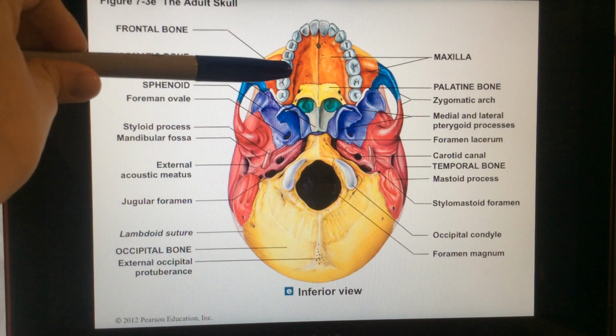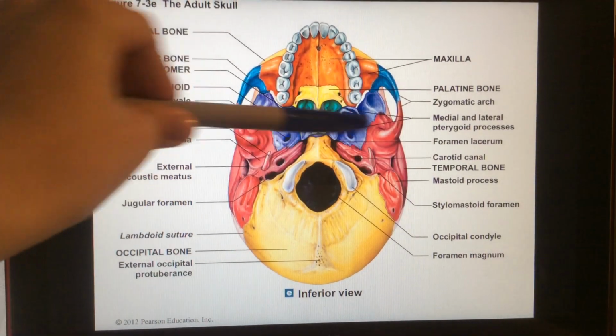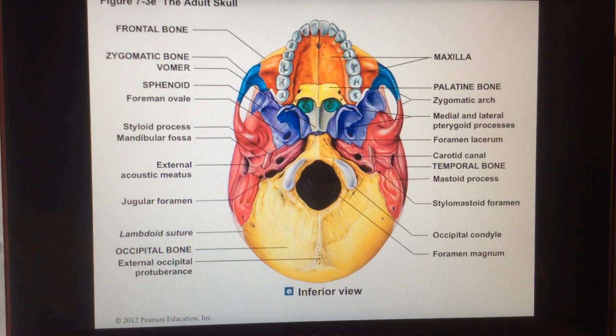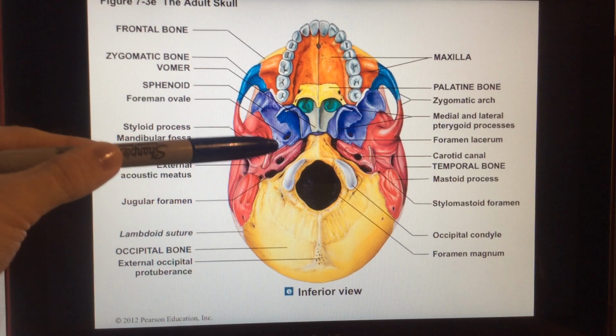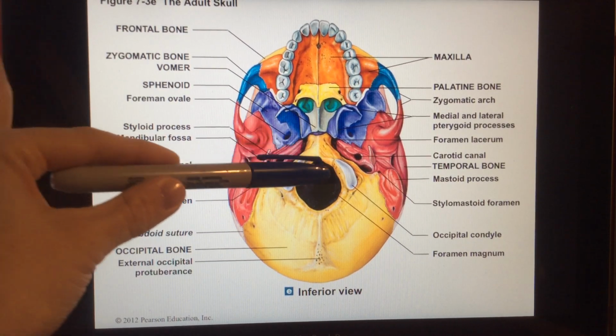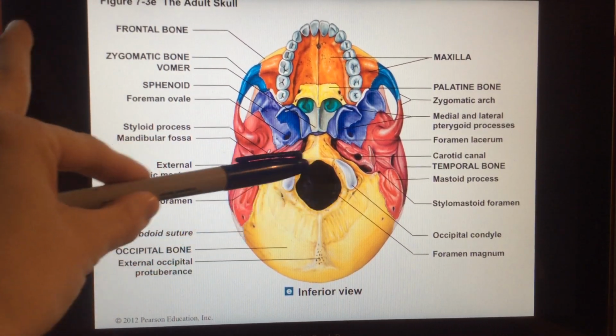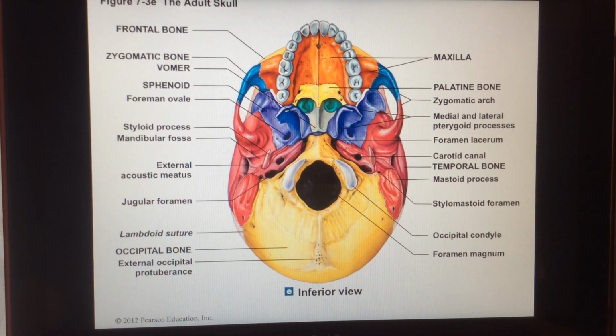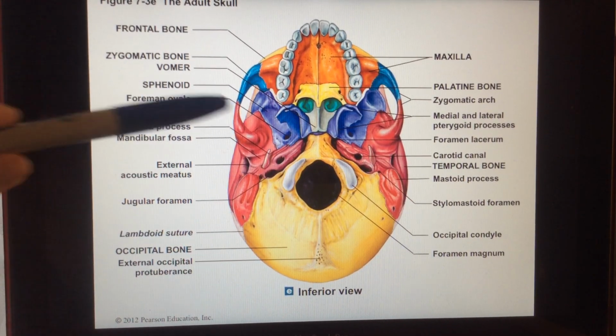You can appreciate more of the foramina that you see here exiting out. So anywhere you see a foramen, it's going to be an opening for nerves, vessels, etc. to come out. Carotid canal, so it's going to have the internal carotids. You're going to see the foramen magnum as an exit for the brainstem.